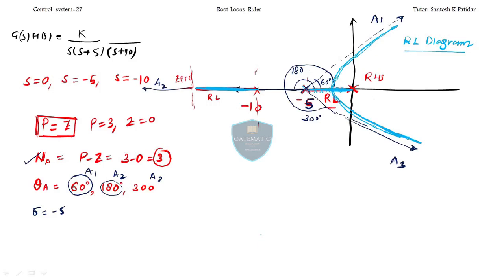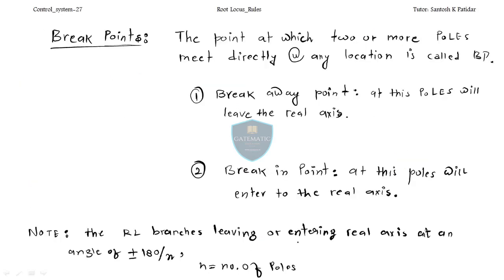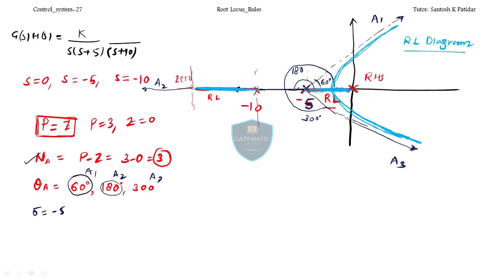Okay friends, so let's come to the next concept. Now the concept is the breakpoints. What are the breakpoints? Friends, see over here, in this question, when we draw the root locus branches, what we have seen, we have 3 poles: 0, -5, -10.